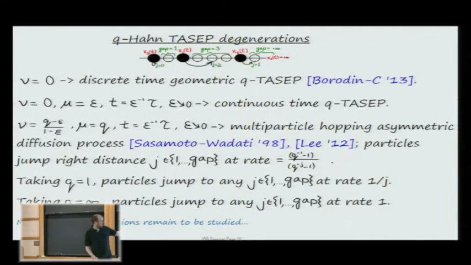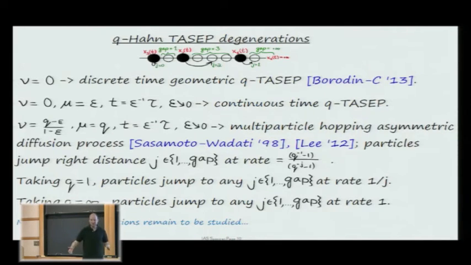What happens is it's a continuous time process, and each particle jumps in continuous time according to exponential rates to any location between you and the next particle at a rate given by this q inverse minus 1 over q to the minus j minus 1. If you took the limit of q to 1, you get actually a very simple rate, which is just you jump distance j at rate 1 over j.